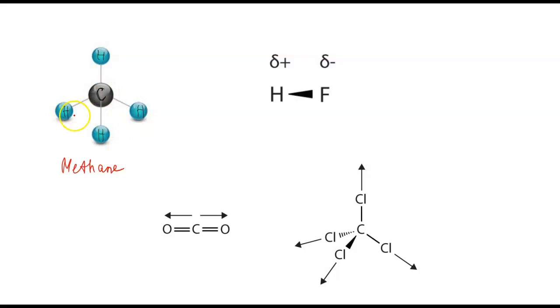Carbon is bonded with four hydrogens, and the delta of electronegativity here is less than 0.4. That makes bonds between carbon and hydrogen nonpolar. So nonpolar bonds.